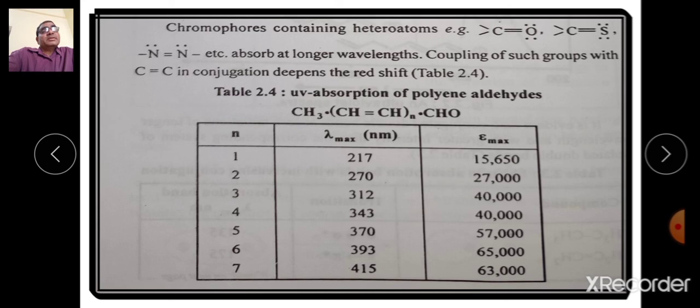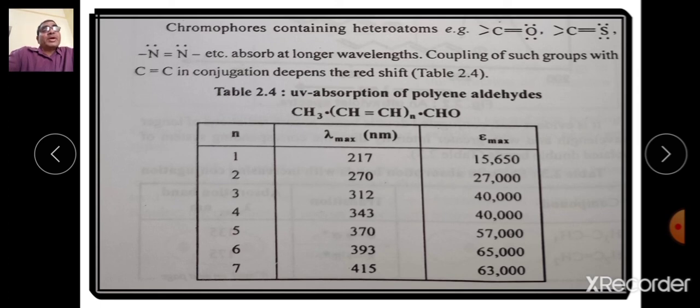Values are given for the UV-visible band. What happens as the value of n increases?